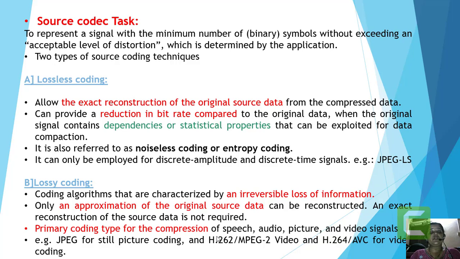Even so, it is the primary coding type for the compression of speech, audio, picture and video signals. Examples of lossy coding are JPEG for still picture coding, H.262 or MPEG-2 which is used for video signals, and H.264 or AVC for video coding also.